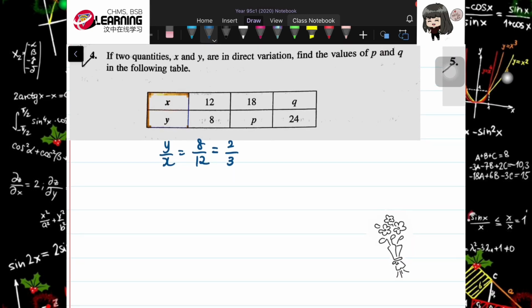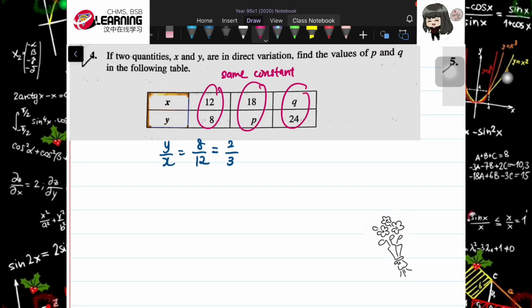So all these three will have the same constant k. Here is 8 divided by 12, which is 2 over 3. This is your k, your constant, 2 over 3. So it will be the same constant as p over 18.